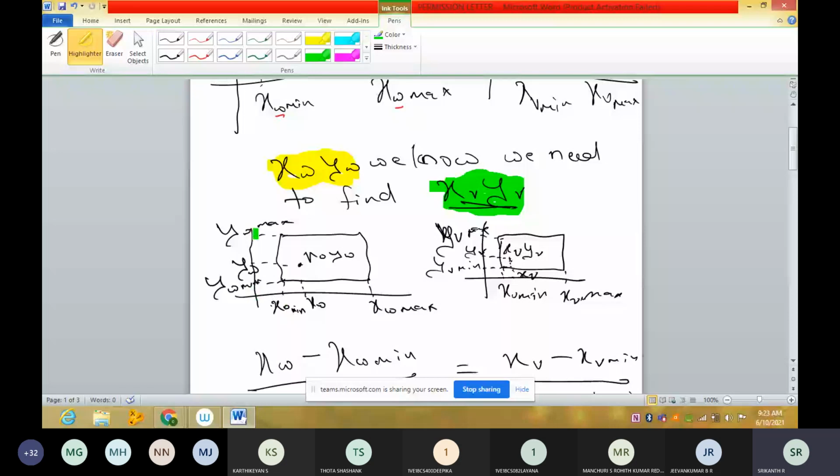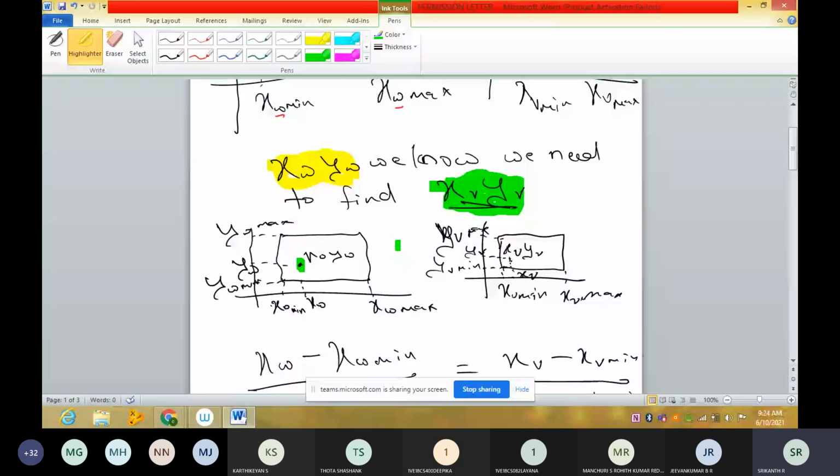This is the boundary of the screen, and we have a pixel here, that is xw yw.